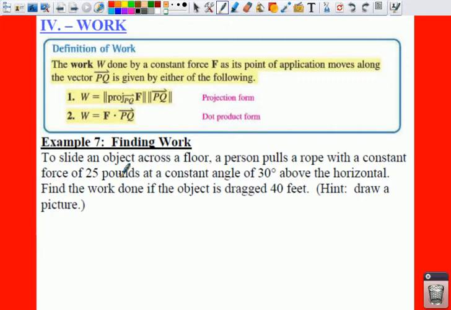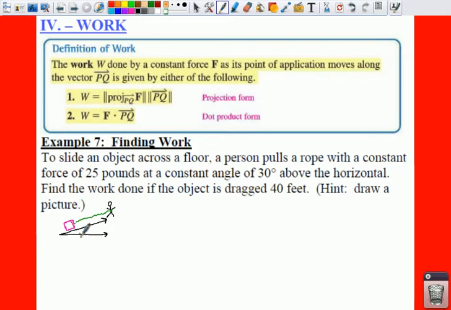It would probably help if we drew a little picture here. We're going to have this person dragging at 30 degrees, pulling some box across the floor, sliding across, and they have the rope in both their hands.